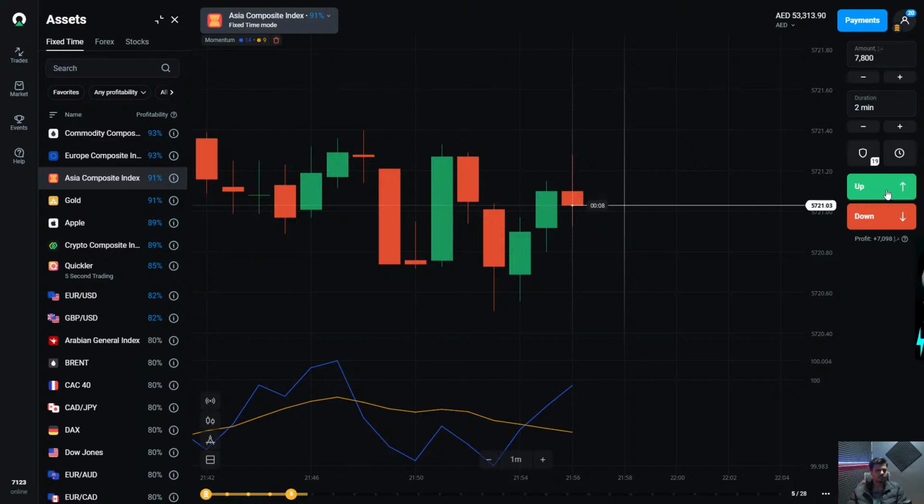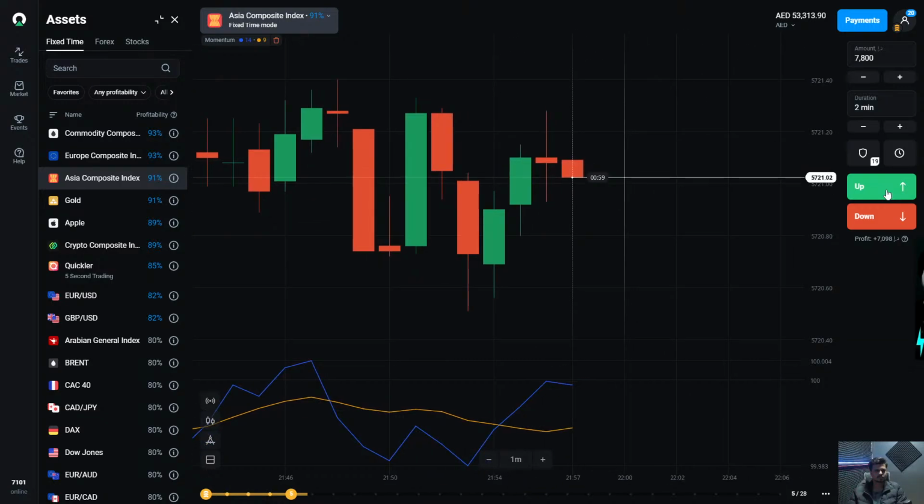10, 9, 8, 7, 6, 5, 4, 3, 2, 1. Here it's again trying to move to the downward, but it will go back to the upward again.